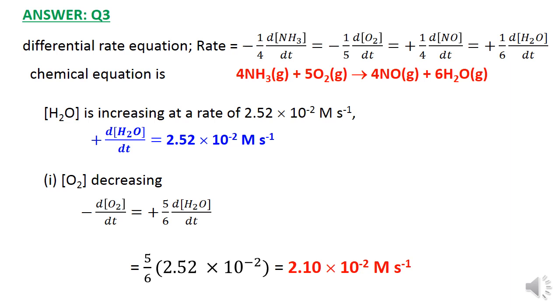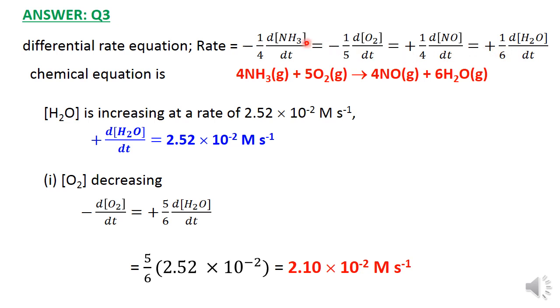From the given differential rate equation, rate equals negative 1 over 4 d concentration of ammonia over dt, and negative 1 over 5 d concentration of O2 over dt, equals positive 1 over 4 d concentration of NO over dt, equals positive 1 over 6 d concentration of H2O over dt.